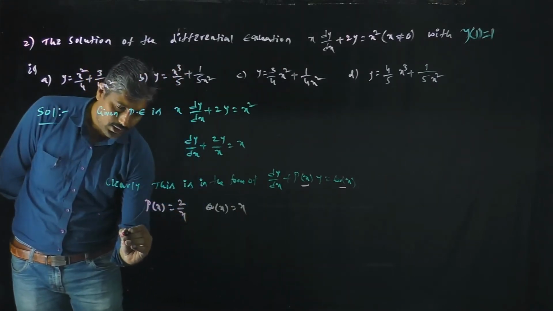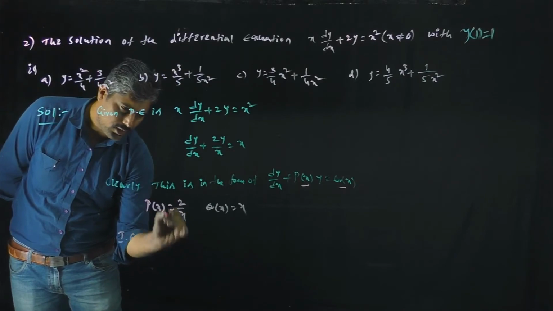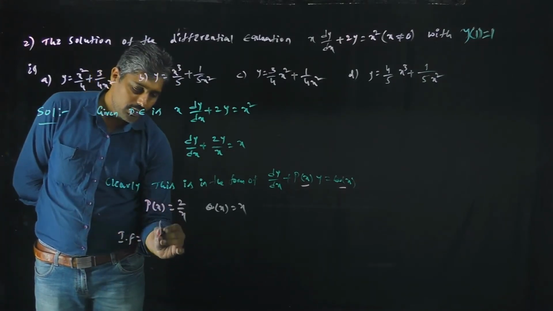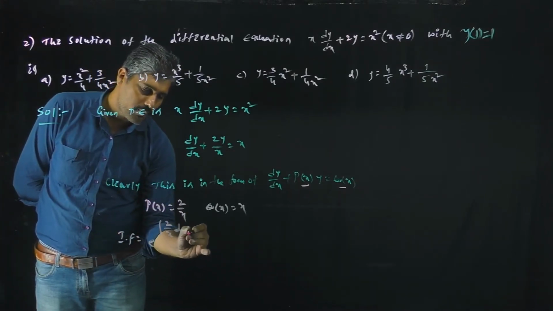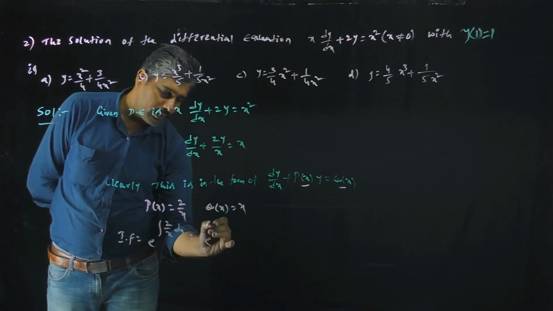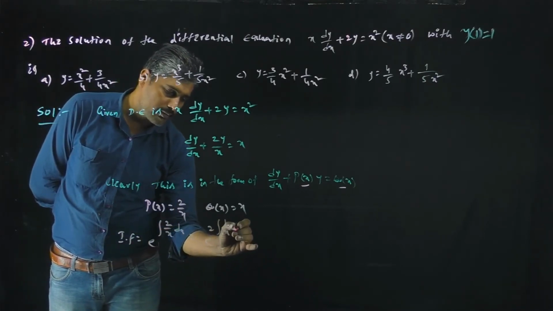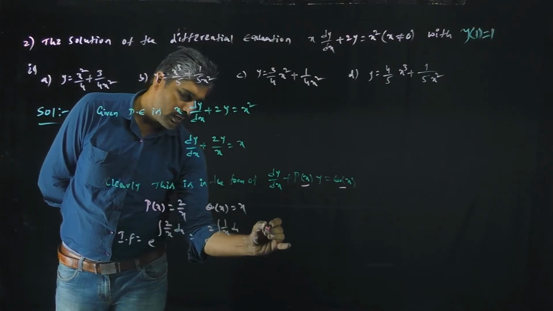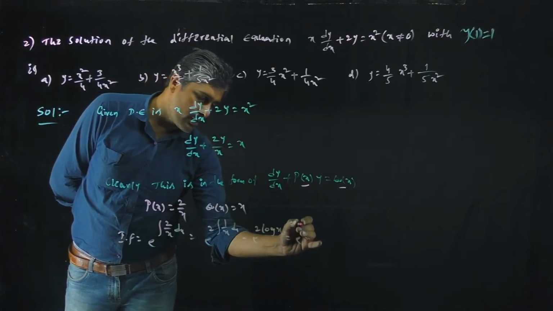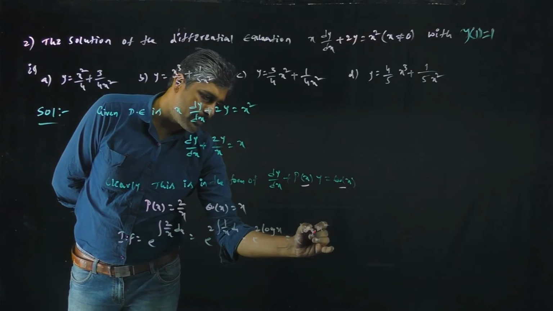First, to find the integrating factor, IF = e^(∫2/x dx) = e^(2∫1/x dx) = e^(2 log x) = e^(log x²).